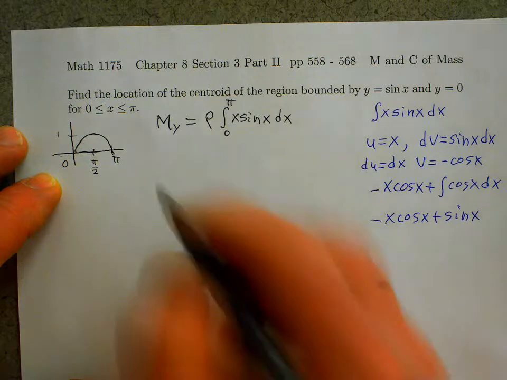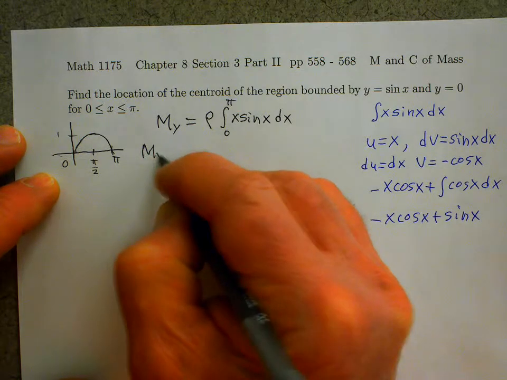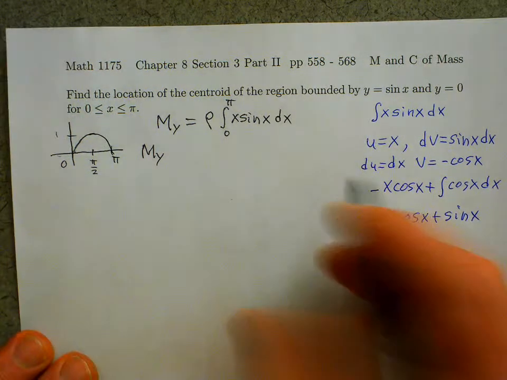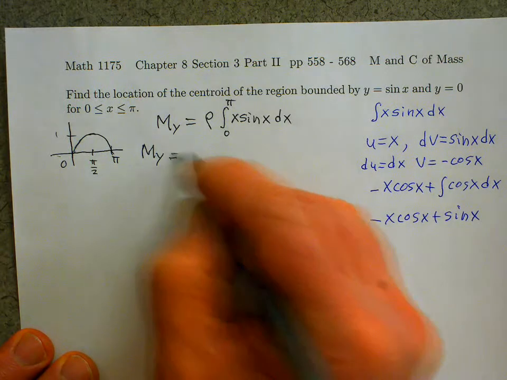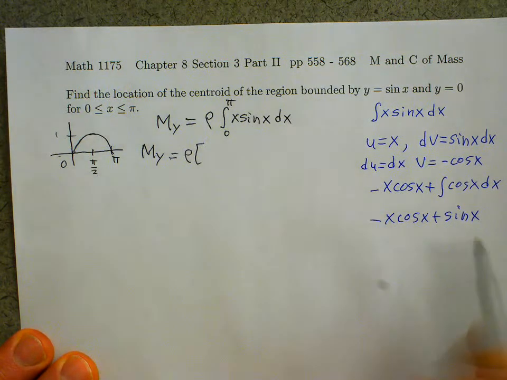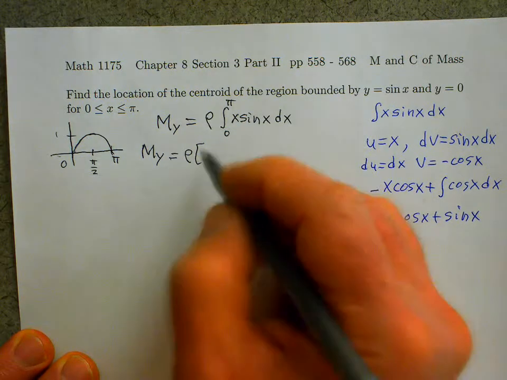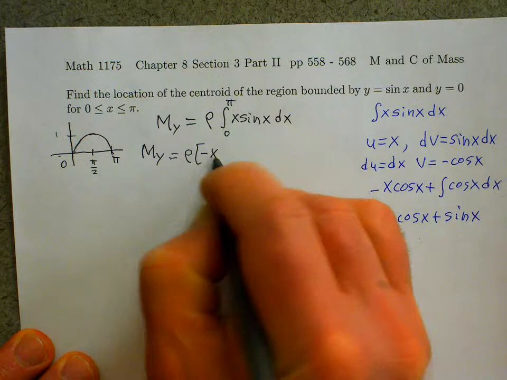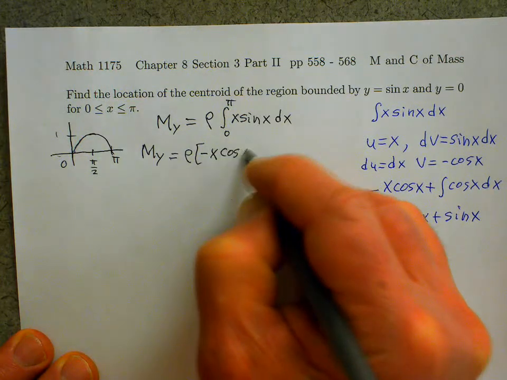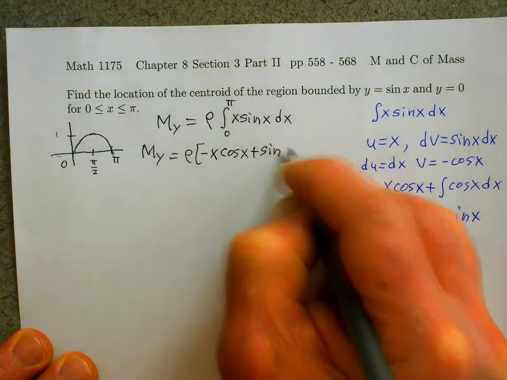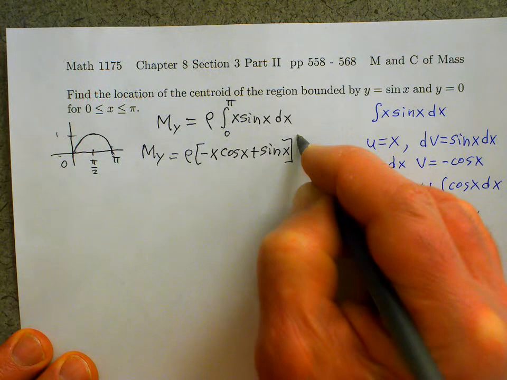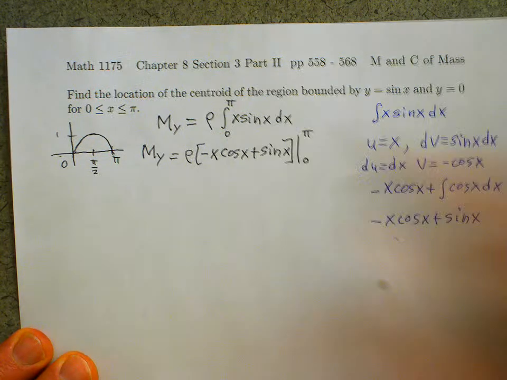Okay, so the moment of the region about the y-axis is rho times this antiderivative evaluated from 0 to pi. So negative x cosine of x plus sine of x evaluated from 0 to pi.